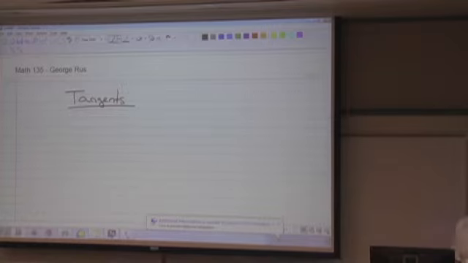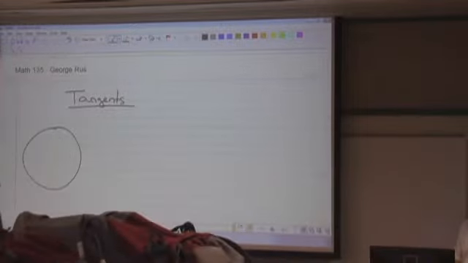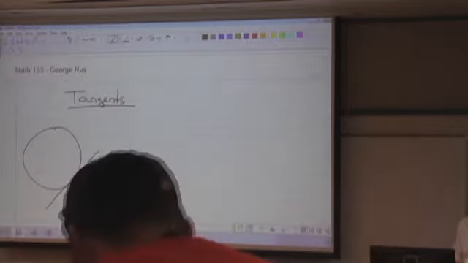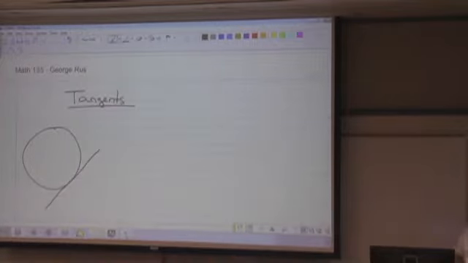Now, if I look at a circle, a tangent would basically be a line that touches the graph in one point and one point only, right? However, the problem is, let's say I look at my function that looks like this. If I look at a tangent at this point, notice that it actually crosses the line at another point.